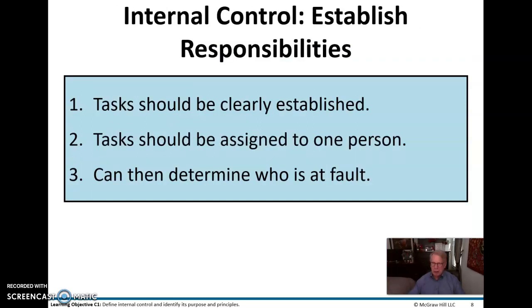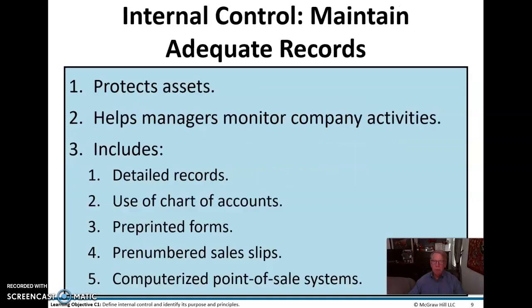Again, responsibilities. They should be clearly established. They should be assigned to one person, and then we can determine if there is a problem, who's responsible. For adequate records, we protect our assets. We look for detailed records. We use the chart of accounts. Chart of accounts is a listing of all our general ledger accounts and a little description of each one.